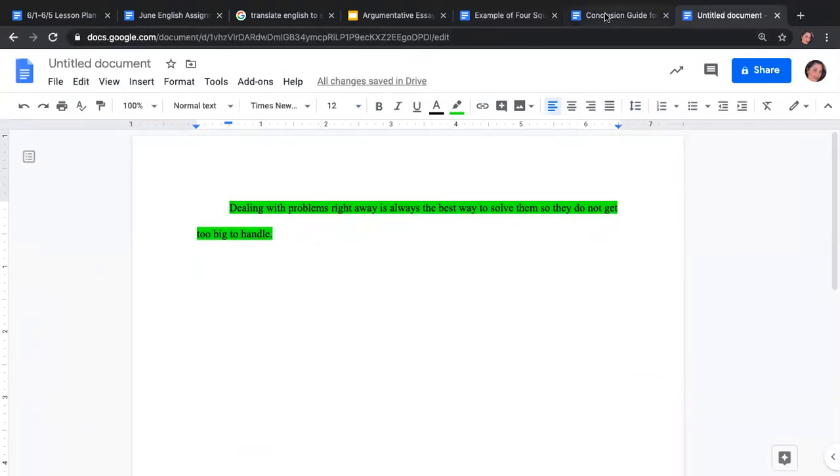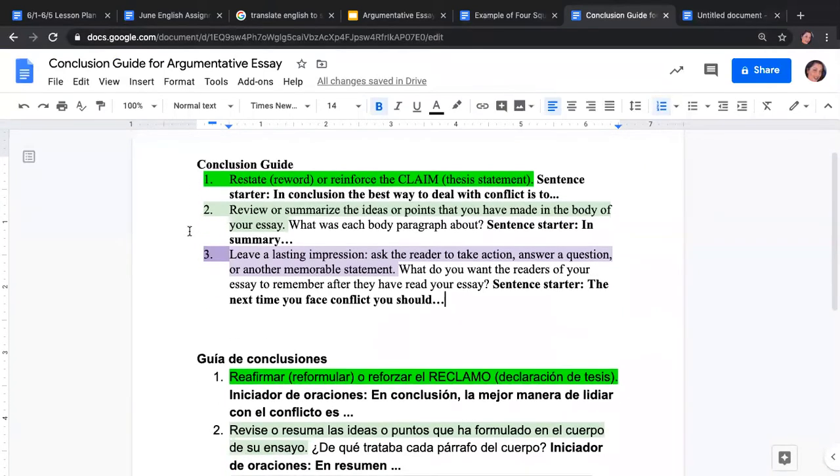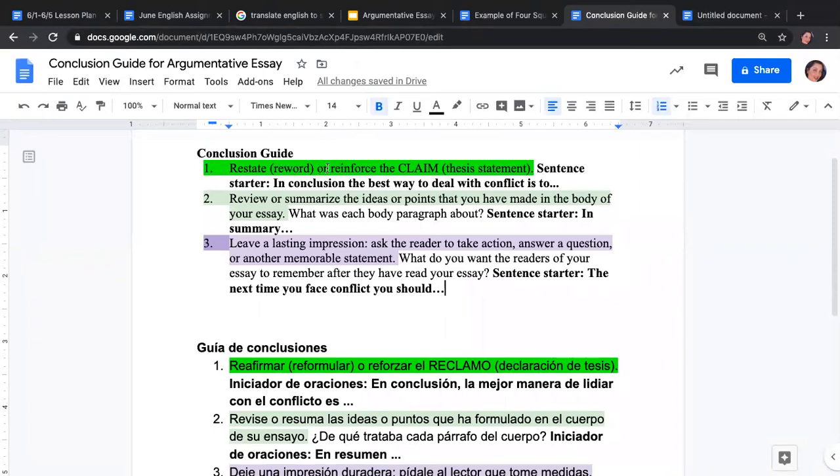Next thing, let's see. So I also want to use the conclusion guide. And in the conclusion guide, it says the first thing I need to do is restate or reword or reinforce the claim, the thesis statement. And here's a sentence starter: In conclusion, the best way to deal with conflict is to. Cool. Then review or summarize the ideas or points that I've made in the body of the essay.